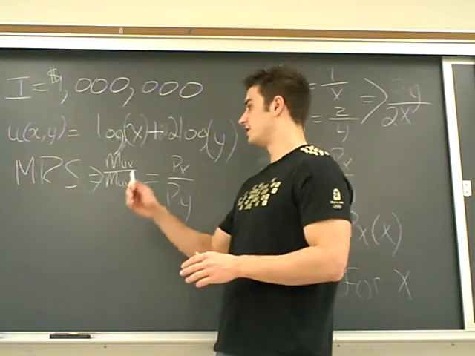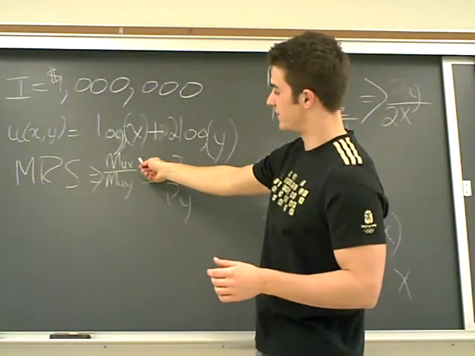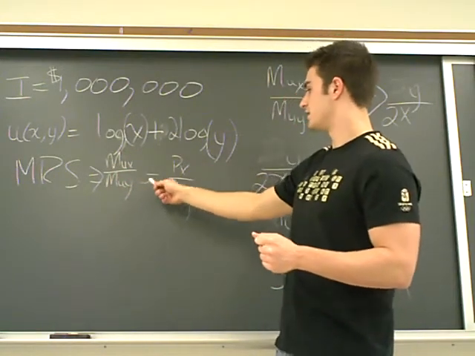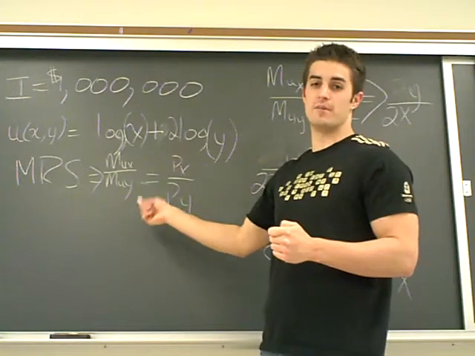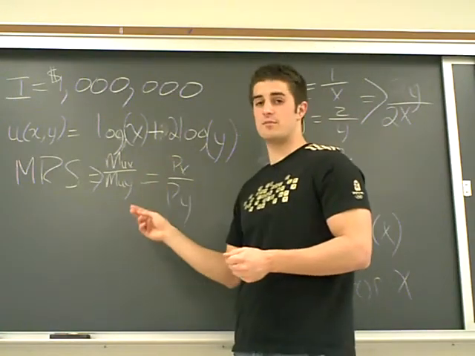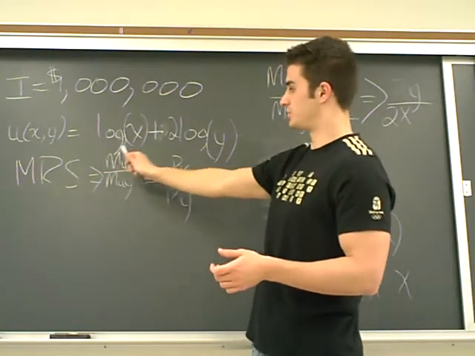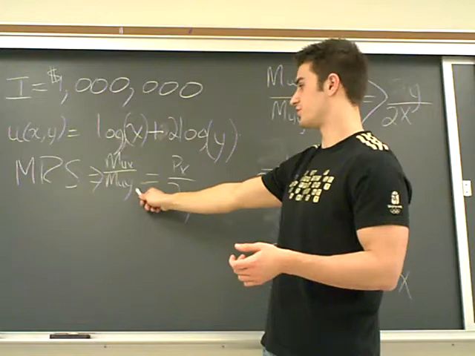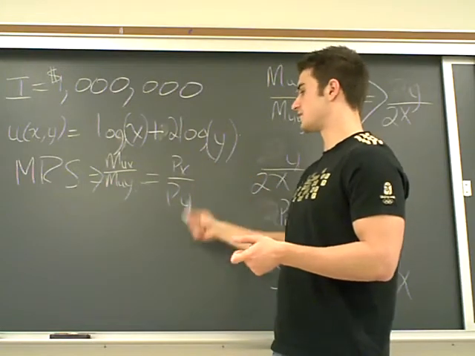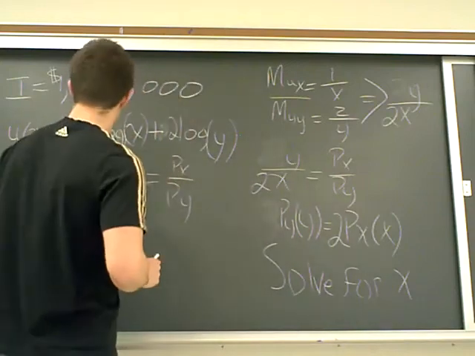That happens when the marginal rate of substitution, which equals the marginal utility of x over the marginal utility of y, equals the slope of the budget line, which is px over py. So to solve this problem, we're going to have to find the marginal rate of substitution, which is the marginal utility of x over the marginal utility of y, and set it equal to px over py. So, how do we do that?